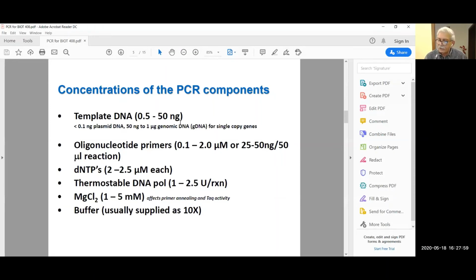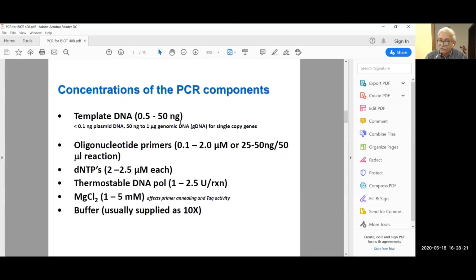Now, remember my sentence as a rule. And as a rule, you must have 1,000 copies of your template in your PCR reaction if you want to have a real good amplified product.